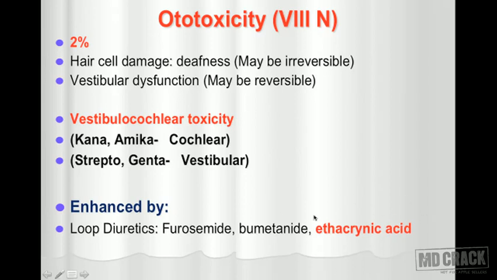This is the most ototoxic of all the diuretics, and you need to observe precaution, and especially ethacrynic acid has a flat dose response curve, and this is why the toxicity is more likely to be common. So you need to take care if your patient is receiving an aminoglycoside and a loop diuretic, and also the thiazide diuretics. Again, the name of cisplatin is coming here because cisplatin also does produce ototoxicity. So that's regarding the ototoxicity or eighth nerve toxicity, vestibulocochlear toxicity.